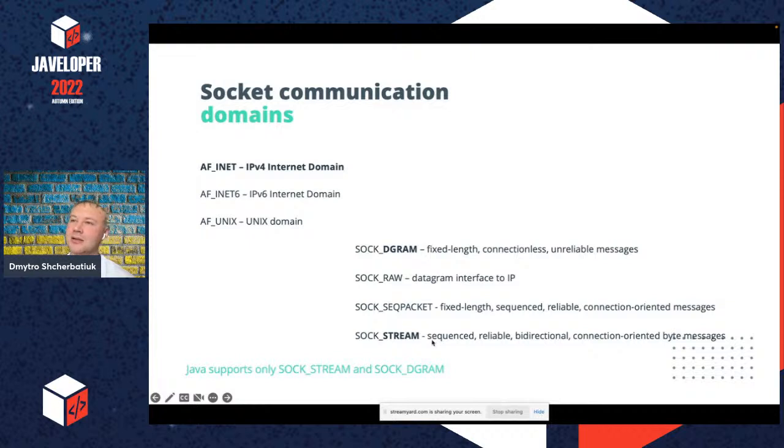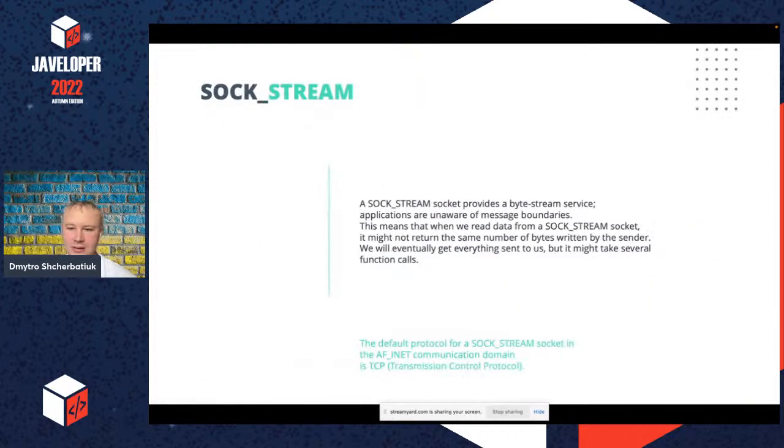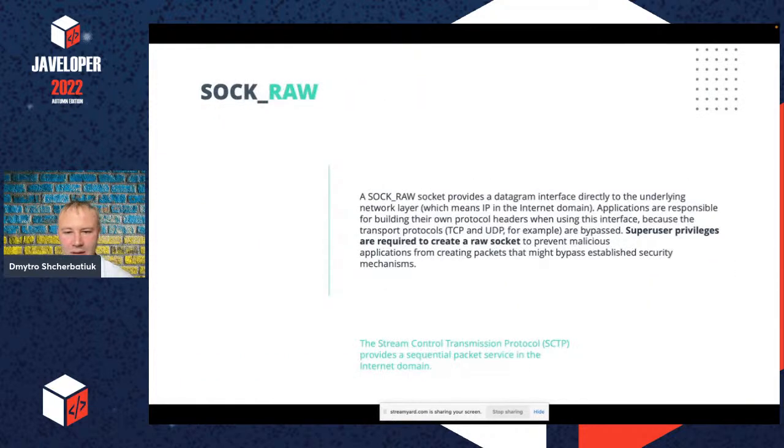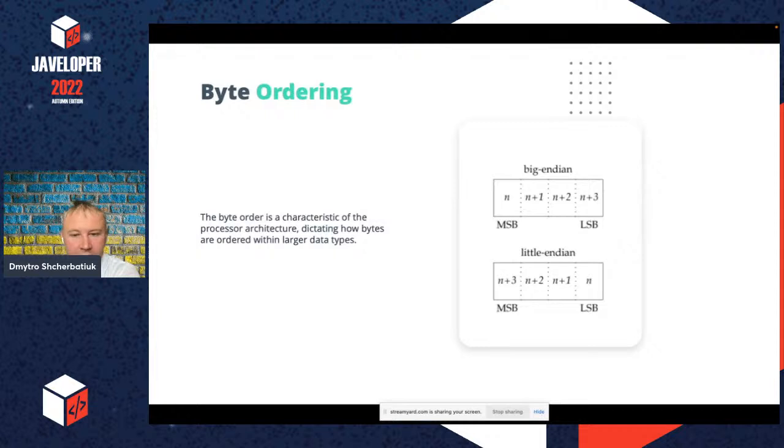We can't access the IP layer. If you need the IP layer, we need to choose another type of socket, like a raw socket. I would like to mention that a raw socket needs superuser privileges in your system to create a socket and communicate, because it's more secure.